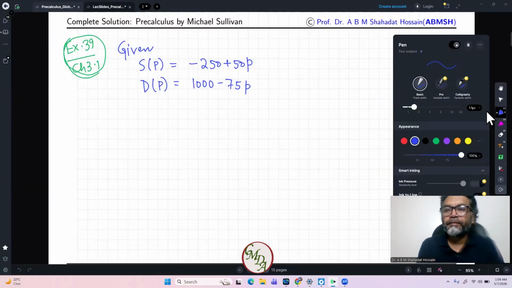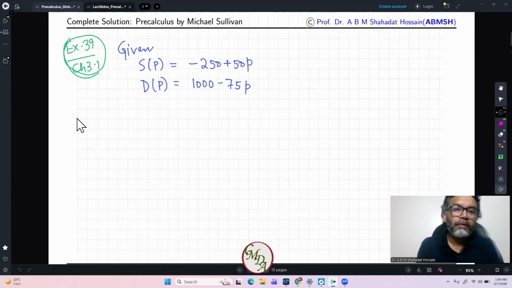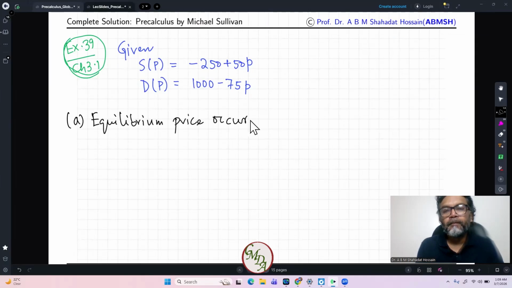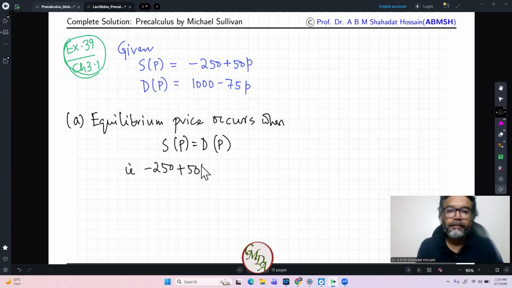So in the first case, part A, we can write that the equilibrium price occurs, as you know, when S of P equals D of P. That means we get minus 250 plus 50p equals 1000 minus 75p.